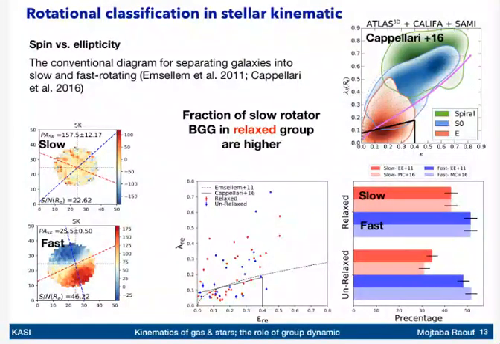It's clear that most of the galaxies in this study are fast rotating BGGs, a sample of which you can see here in the left panel, and some fraction of such subsamples are slow rotator BGGs, which have a higher fraction in the relaxed galaxies.